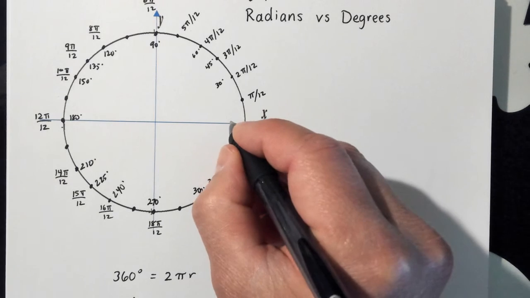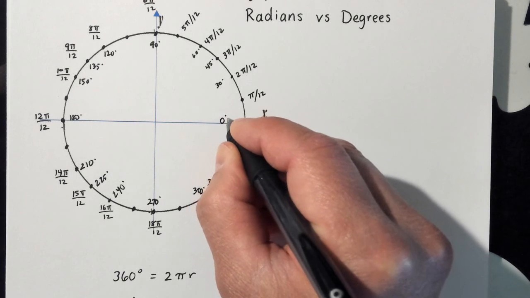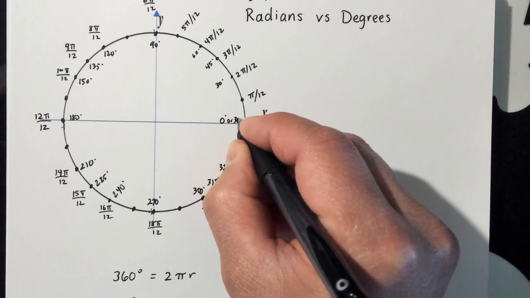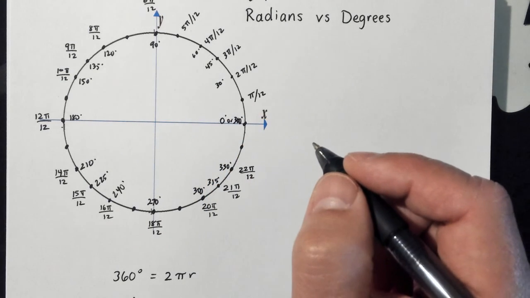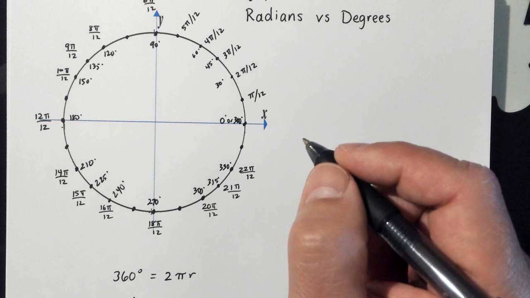And back to 360. So you can call this 0 degrees, or you can call it 360. Or you can call it 2 pi. Or you can call it 24 pi over 12. That was hard to say.